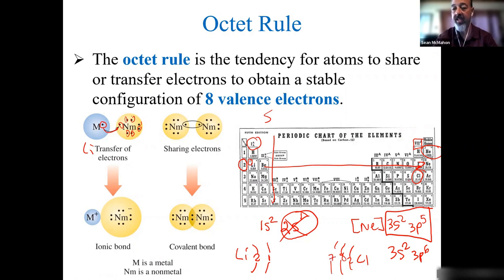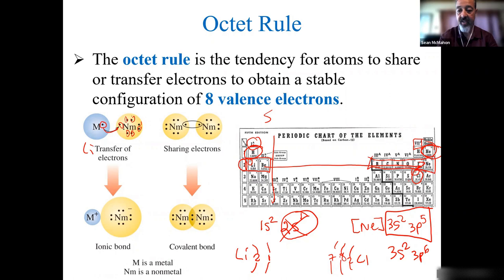Now, where am I getting these numbers? It has an atomic number of 17 protons, so it has 17 electrons. The first 2 go in the first shell. The next 8 go in the second shell. Why? 2s2, 2p6.